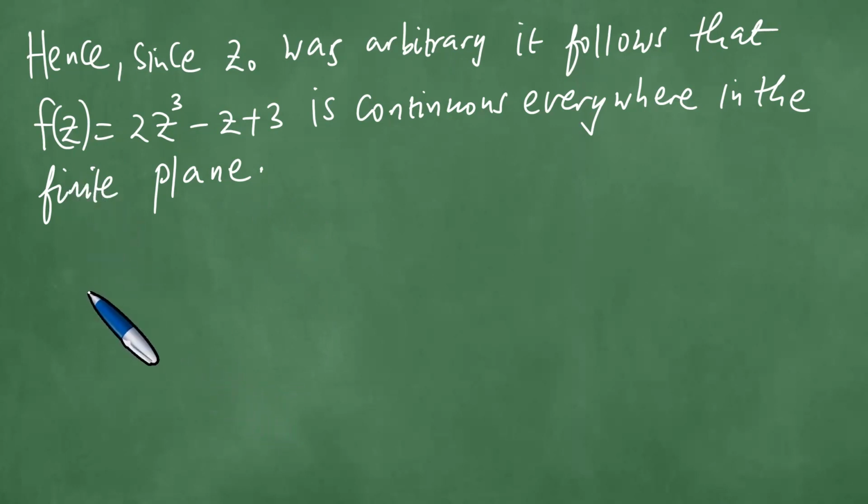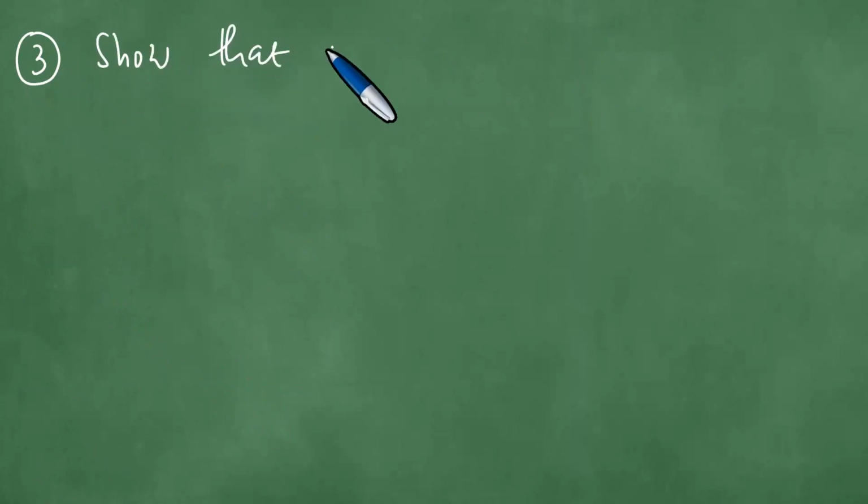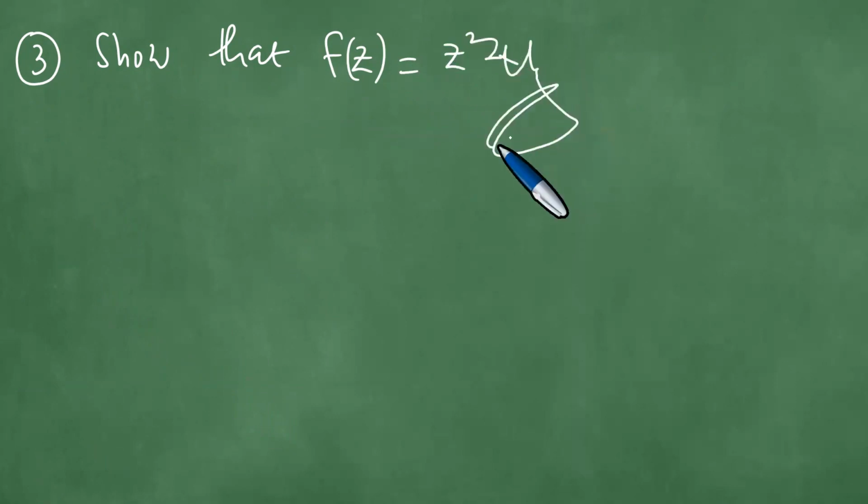So right, we look at the next question. Question 3, we need to show that f of z equals z squared plus 1. Okay, let me reset my device here.